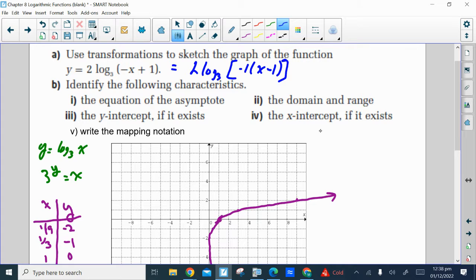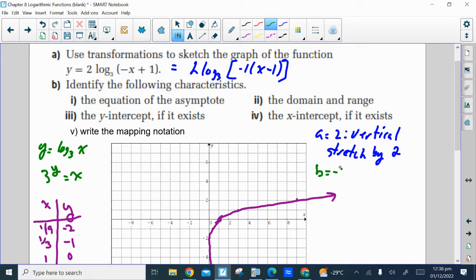The first thing we see is that we have an a value of positive 2. So that's going to cause a vertical stretch by 2. Then we have a b value of negative 1, which means it's going to reflect over the y-axis.